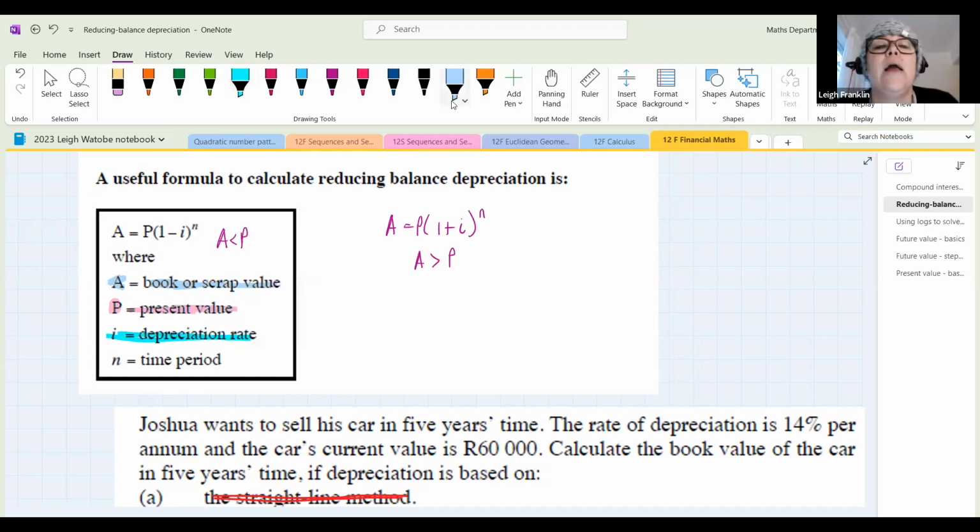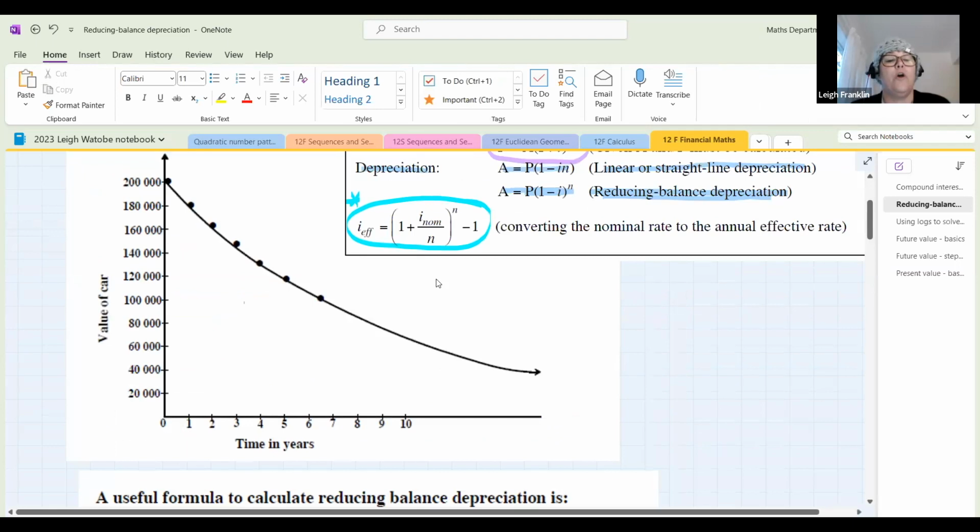Now, when objects depreciate, if the interest were compounded more frequently than once a year, you can imagine a situation like this with the car. The car would be worthless very quickly.